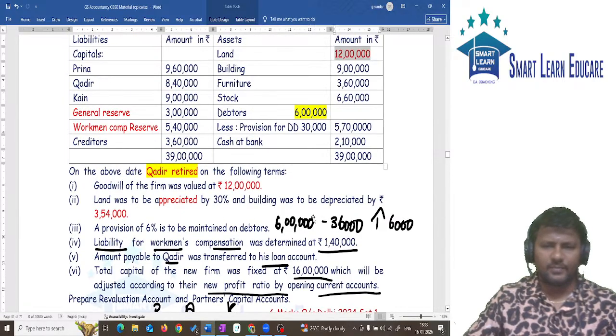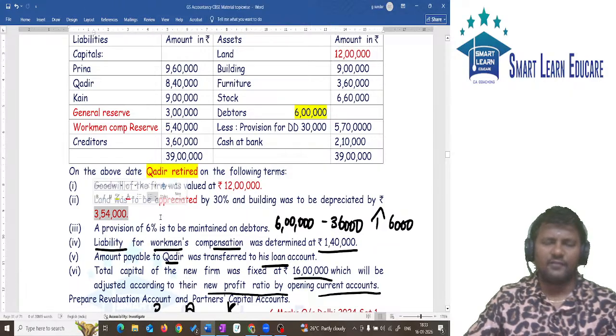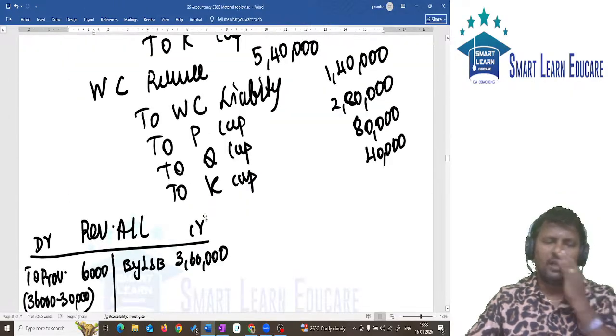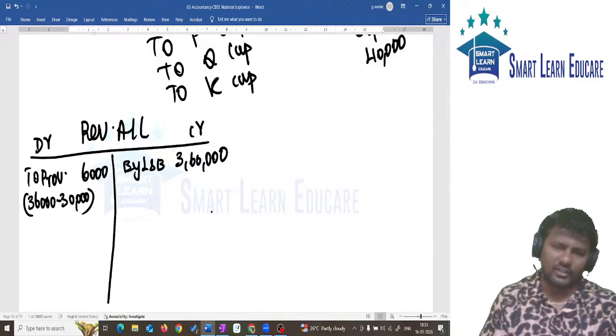One more adjustment. Building was depreciated by 3,54,000. Building is an asset, it reduces. Building is reduced by 3,54,000.